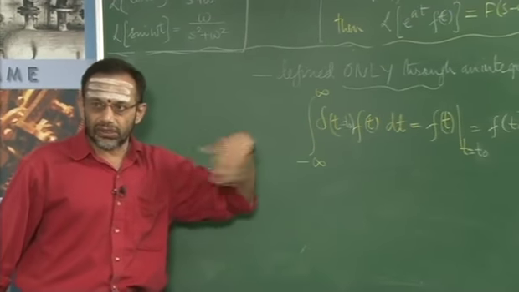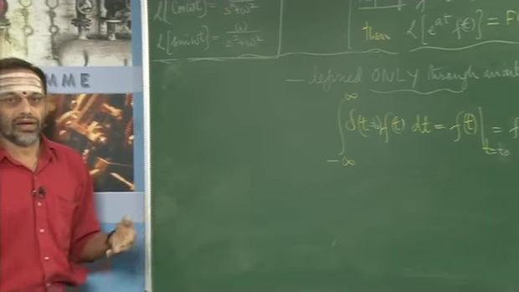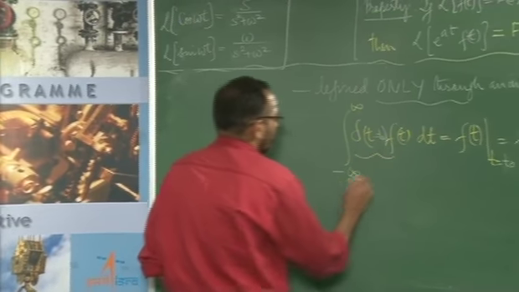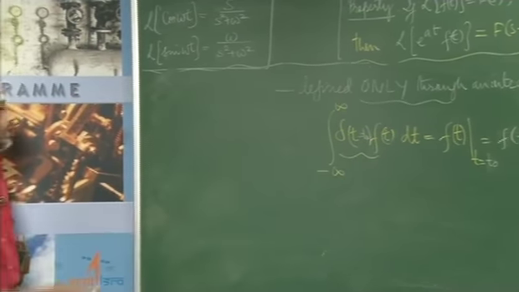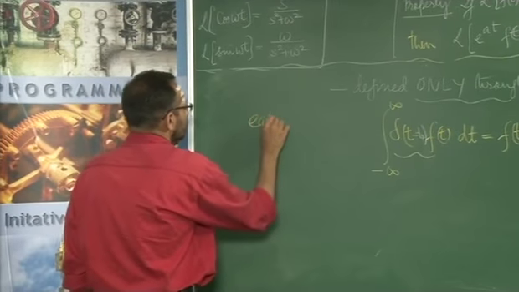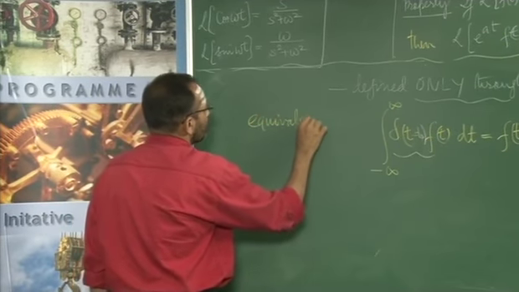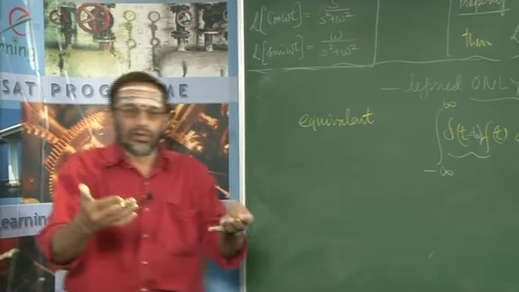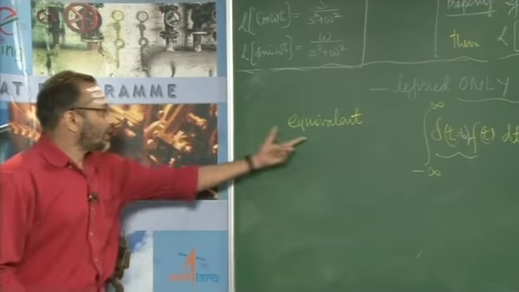There are several things, not just 2, you can have several of them, all of them will give the same result. Therefore, this is not one, there are several of them, all of them give the same result, means they are equivalent in some sense. They are not the same but they give the same result. Therefore, they are called equivalent in that sense.